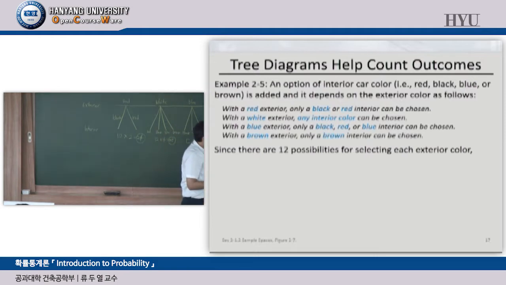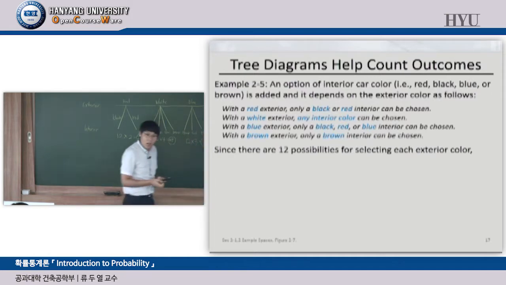And finally, in the case of the brown exterior, we have only one option, that we can select only brown interior color, right? So 12 multiplied by 1 equals 12.